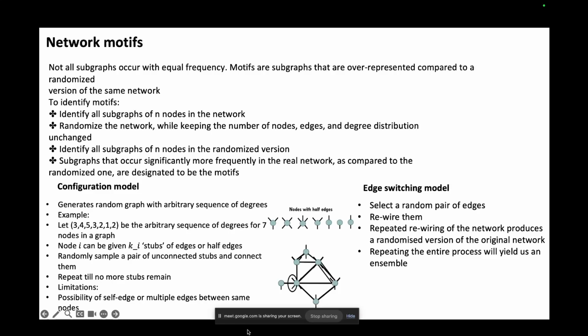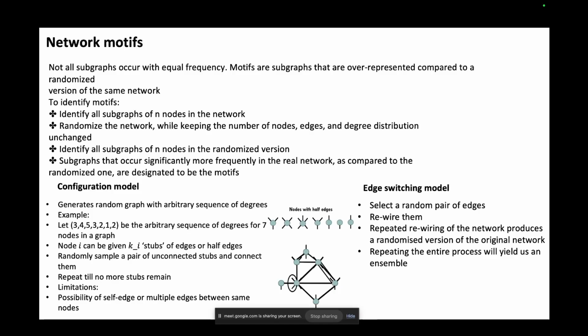So there will be not one version of this randomized network. You can have n number of versions depending on how you connect these nodes and edges. So say, for example, you generate 10 of these random networks, and among all the 10, you see only in two of those networks there is a particular subgraph present, but inside your graph that is present quite strongly.